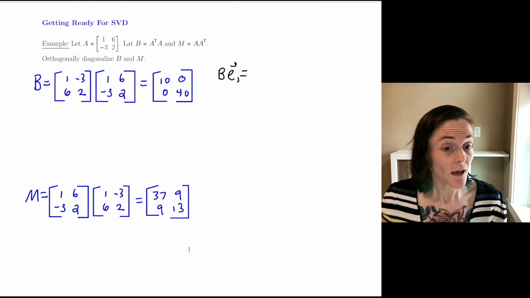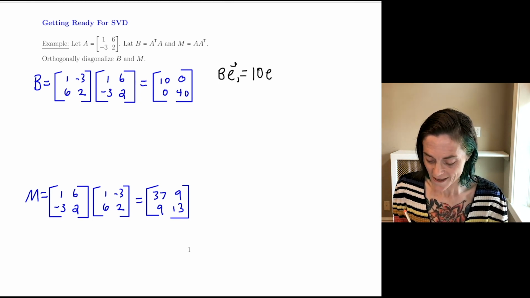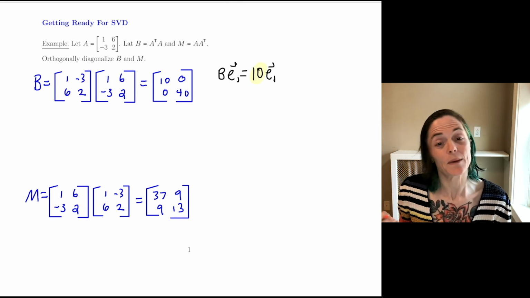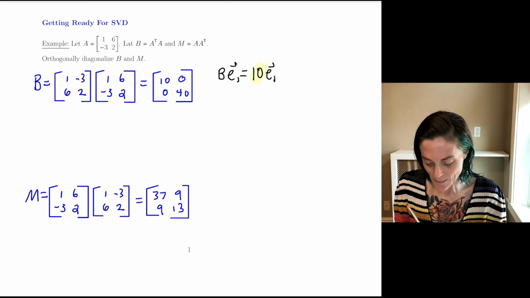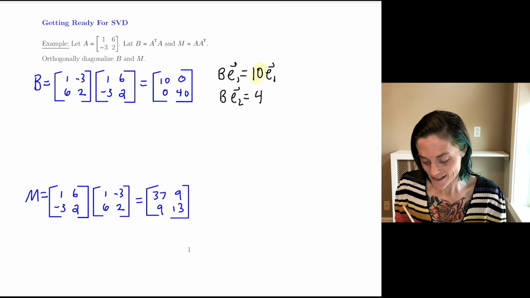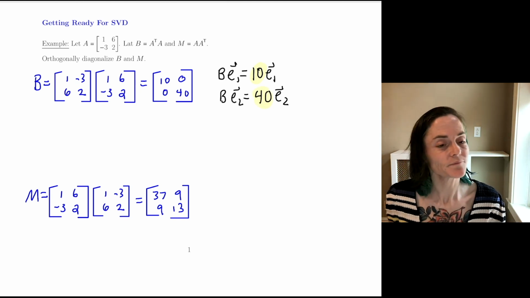BE1 is always the first column of B, and we can see this is 10 E1. So here's one eigenvalue of matrix B, and similarly we see B times E2. Well, this is just the second column of the matrix. This will be 40 E2. So here's another eigenvalue of B.